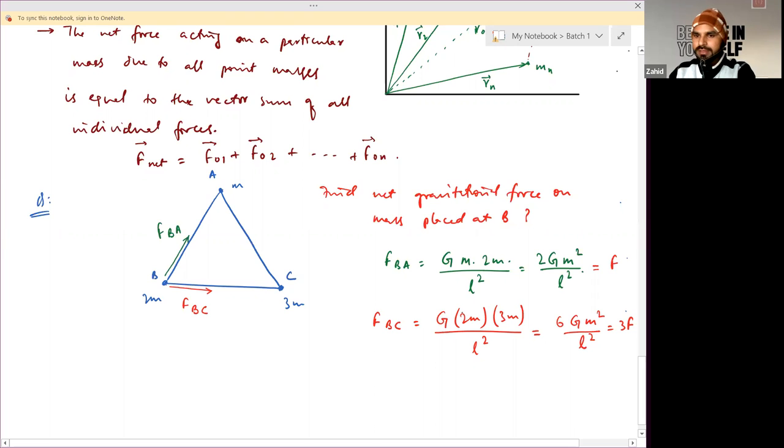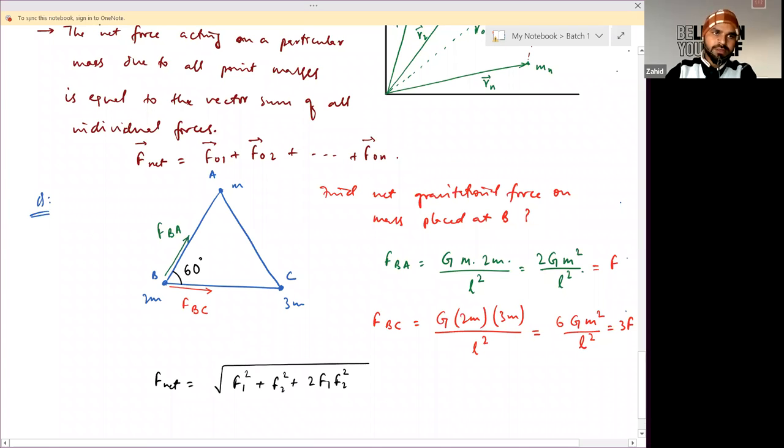Now, to take the resultant of these two forces, as they are acting at some angle, since it is an equilateral triangle, the inclination between them will be 60 degrees. So according to the magnitude of the resultant of two vectors, F net equals root under F1 square plus F2 square plus 2 times F1 F2 times cos theta.